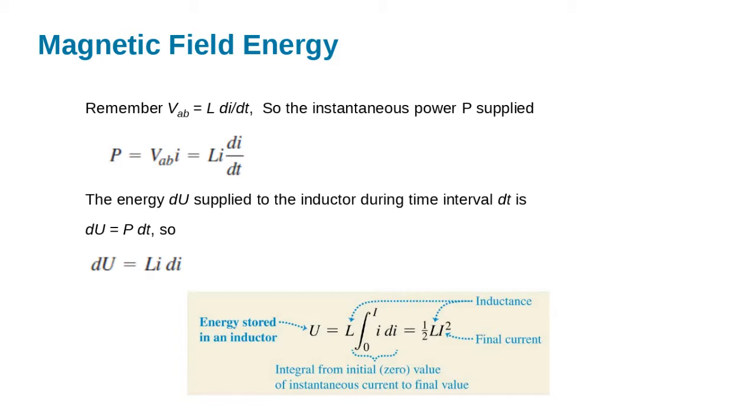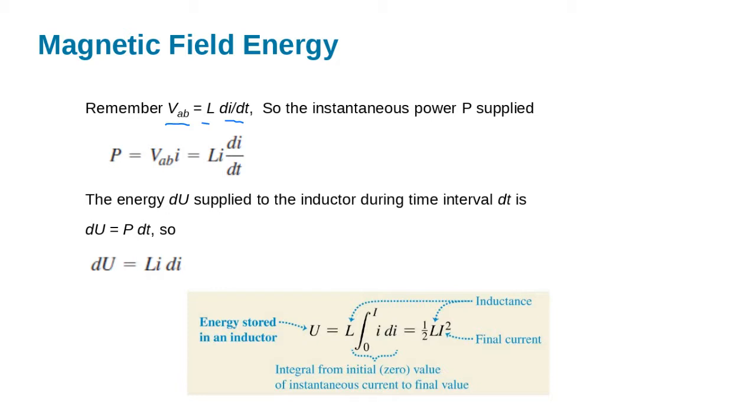So if you want to work out what energy is stored in an inductor, remember that the voltage over an inductor is equal to the inductance L multiplied by the rate of change of current.